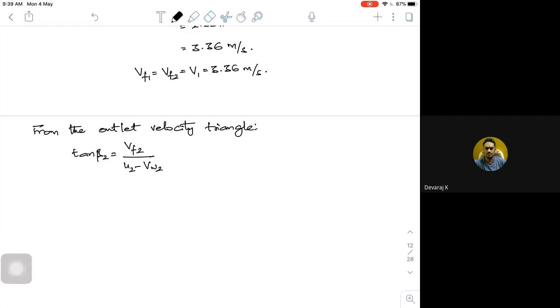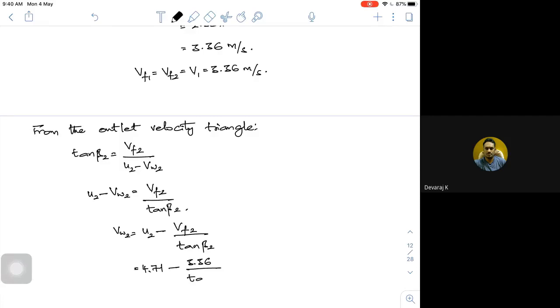So U2 minus Vw2 is equal to Vf2 divided by tan beta 2, or Vw2 is equal to U2 minus Vf2 divided by tan beta 2. So U2 we just now calculated, it is 4.71, minus Vf1 and Vf2, both are same, which is 3.36, divided by tan 75.